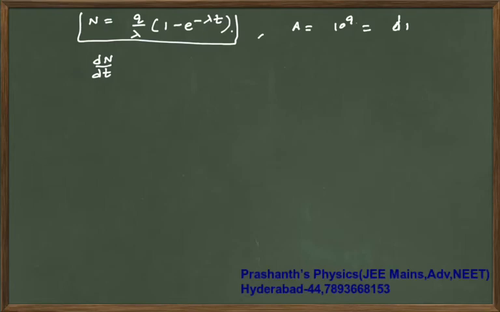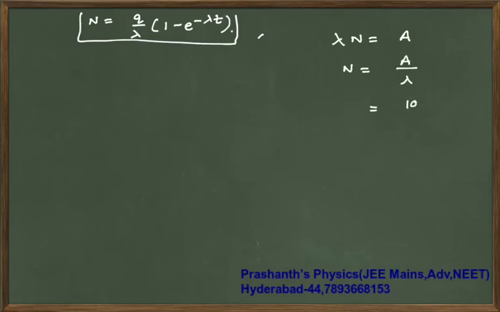Alternatively, lambda into n is your activity, so n is A by lambda.